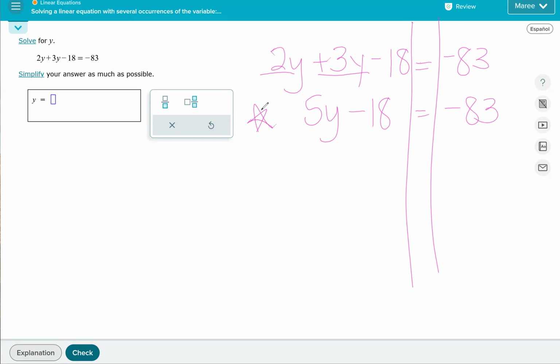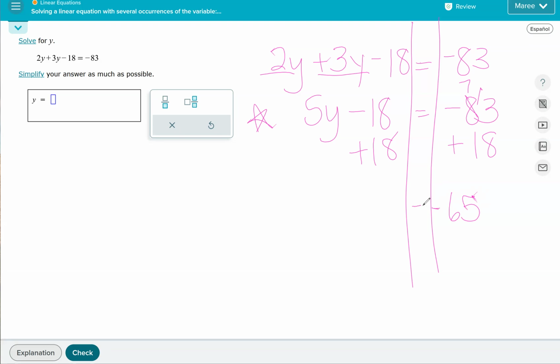We're still focused on the side of the equal sign that has the variable. So we're going to undo minus 18 by adding 18. Because we are adding 18 to a negative number, we subtract. So 83 minus 18 is 65. Because that negative 83 is farther away from 0 than the positive 18, our answer has to be negative.